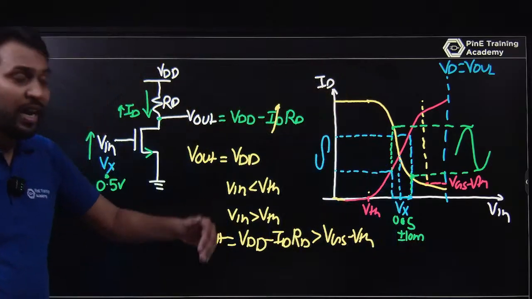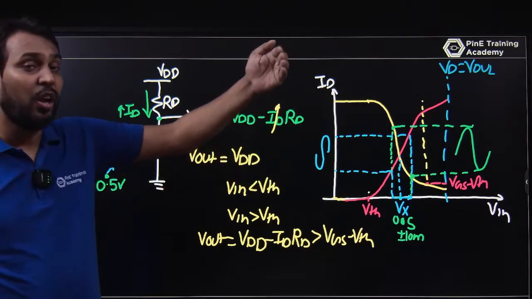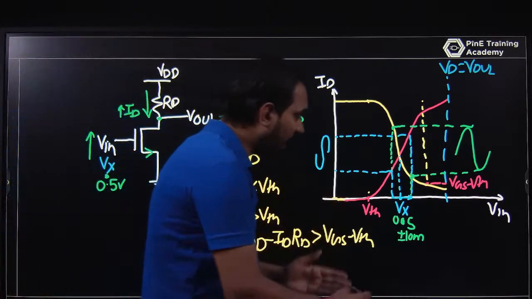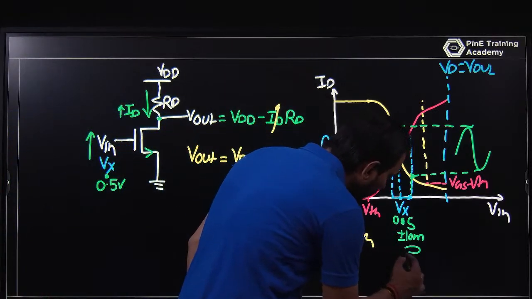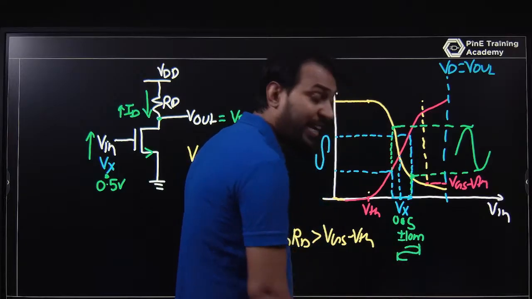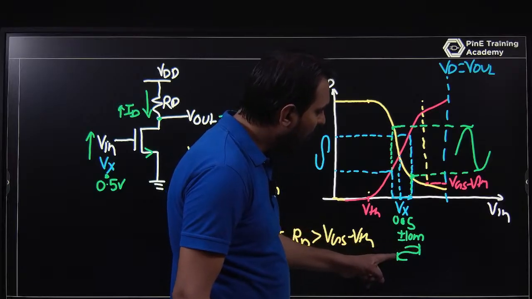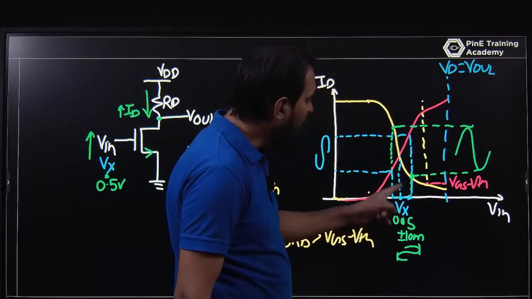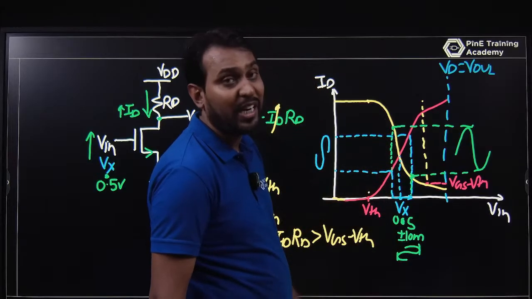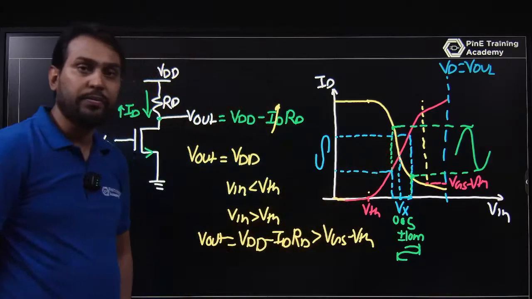If you are changing 500 millivolt, that change is from 510 to 490. This is 510 and this is 490 millivolt. You are changing here from 510 millivolt to 490 millivolt, and your output voltage or your current is changing by a large amount. Why? Because the MOSFET is in the saturation region there.